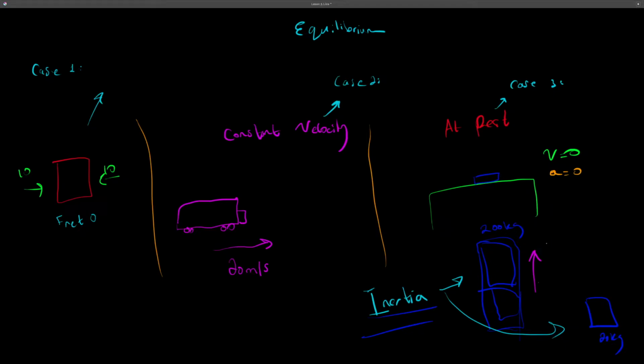So the higher the mass, the higher the inertia, and the lower the mass, the lower the inertia. So we stated before that inertia is the resistance of an object to change from the equilibrium state.